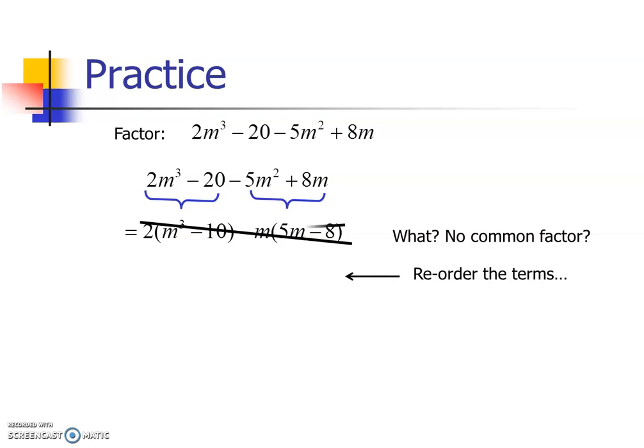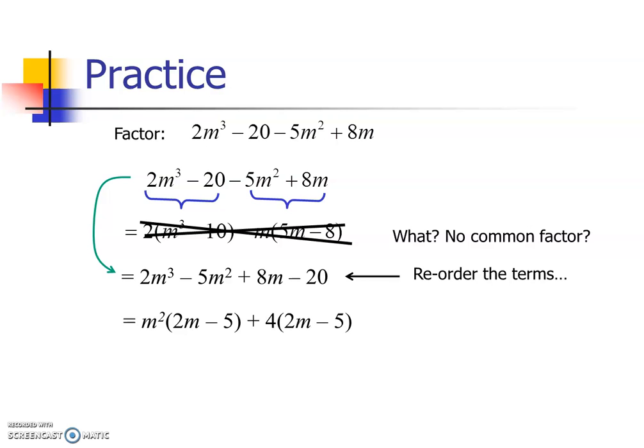So check this out. I'm going to order the terms, and the safest way of doing this is in descending order of exponents. See the m cubed, m squared, then m. I'm going to take out an m squared from the first pair, and I'm going to take out a 4 from the second pair. And I know I'm on the right track now because both brackets are going to match. Once you have the matching brackets, a single bracket comes out in front, and the leftovers go in the second bracket.